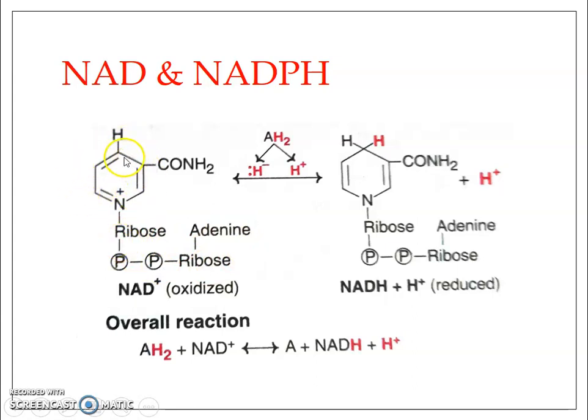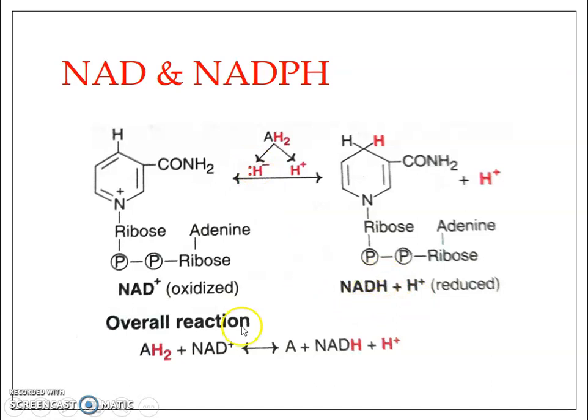This hydrogen gets bound to the nicotinamide ring and neutralizes the positive charge on the nitrogen. So this is what the product will be: reduced nicotinamide adenine dinucleotide, known as NADH, which you are familiar with. So NAD is the oxidized form. When it takes up an electron pair or a hydrogen, it becomes NADH, which is the reduced form.